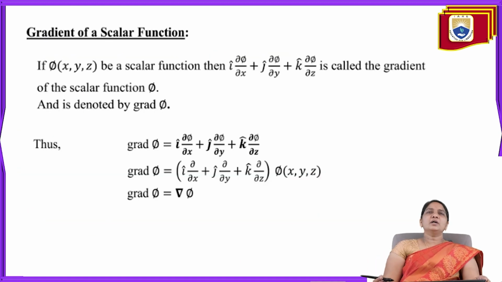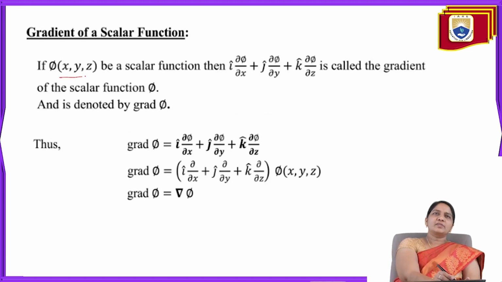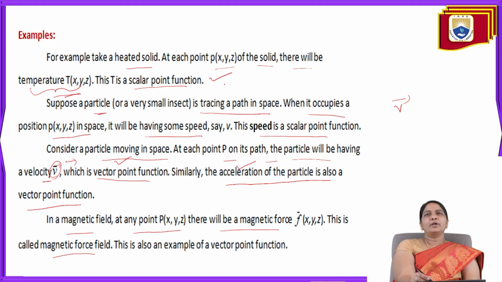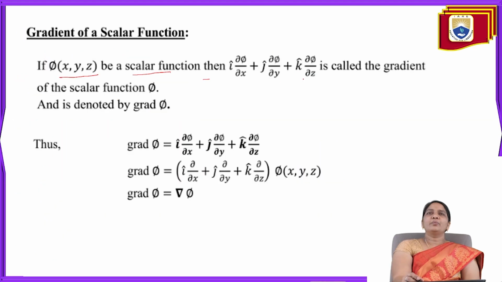So what is the gradient of a scalar function? See here. If phi of x comma y comma z be a scalar function, then i into dou phi by dou x, j into dou phi by dou y, k into dou phi by dou z is called gradient of a scalar point function.